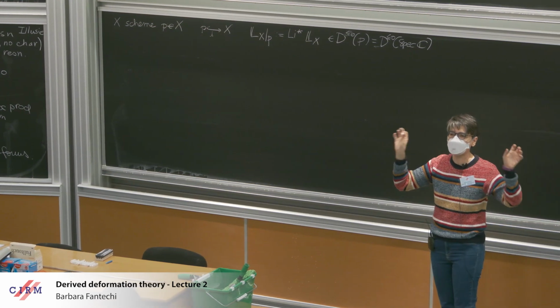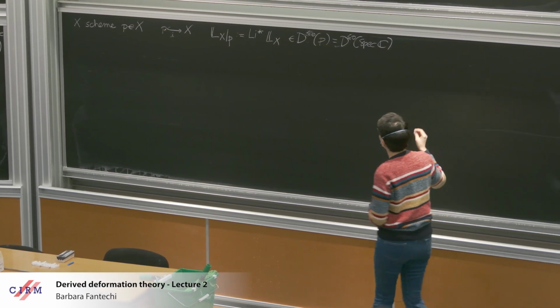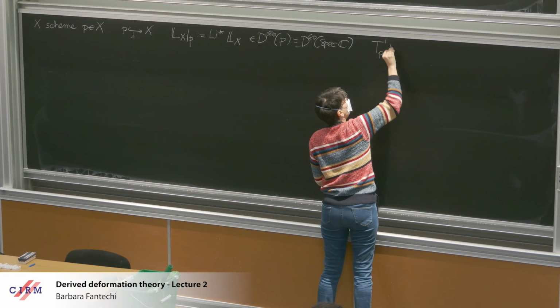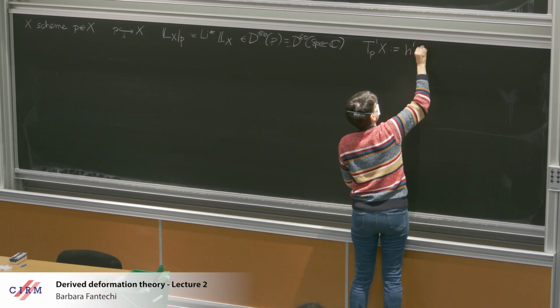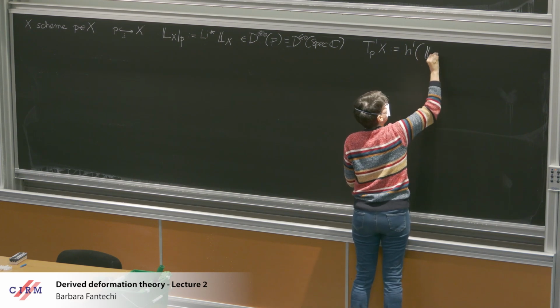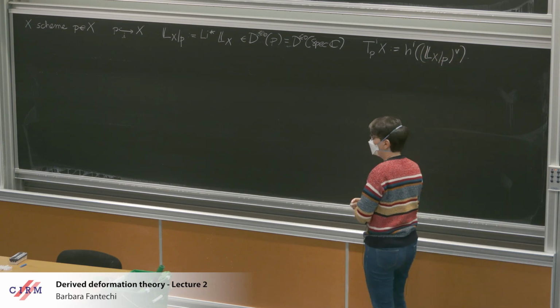It's just a direct sum of its cohomology groups. And so what you get is you define the ith tangent space to P in X to be the ith cohomology group of LX restricted to P, dual.